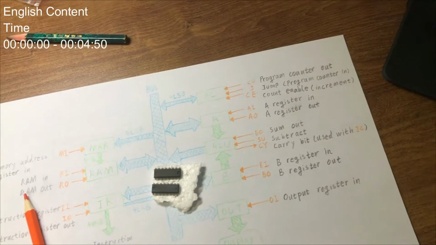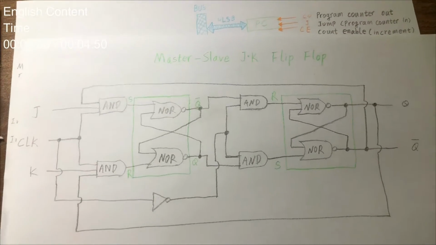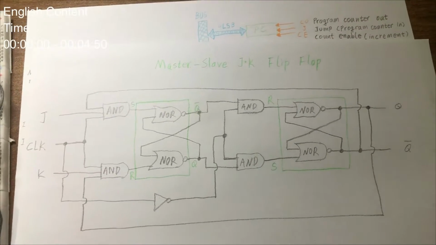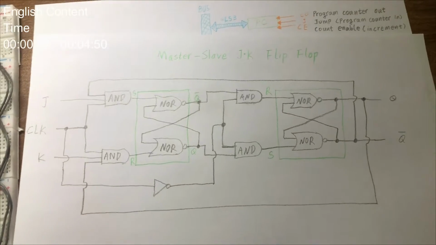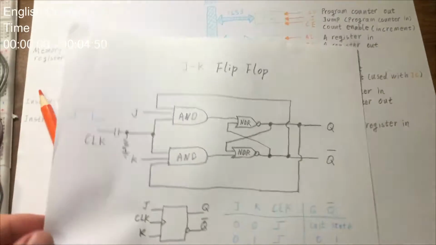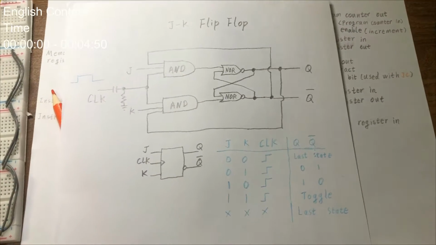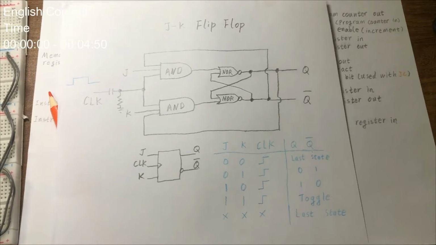And this program counter is made from this master-slave JK flip-flop. Its mechanism we have explained in several videos, that the JK flip-flop functions like this.